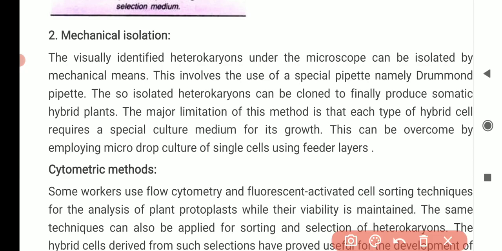This mechanical isolation involves a special pipette known as the Drummond pipette. So the only way is for you to Google it if you're interested. If not, you just remember that part. It's more than enough. This pipette is designed specifically to allow only the hybrid to pass, and it will not allow the parent protoplast to pass.